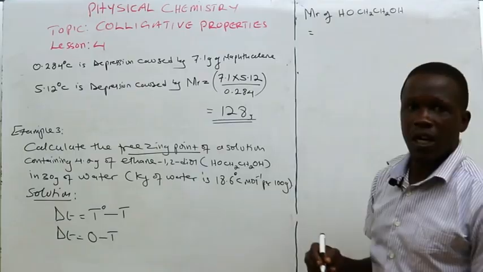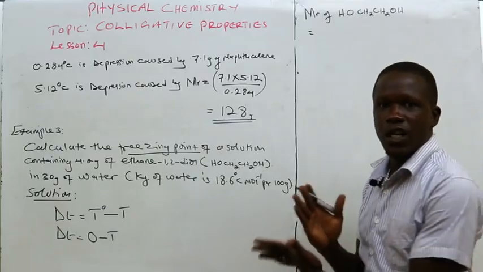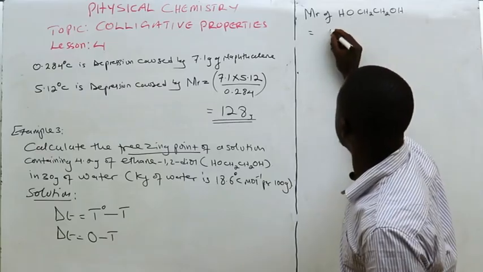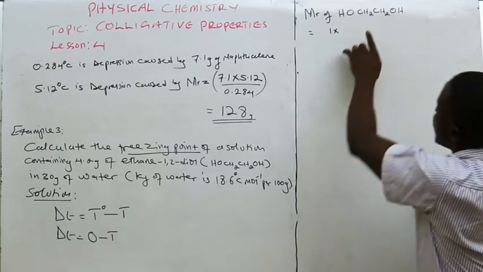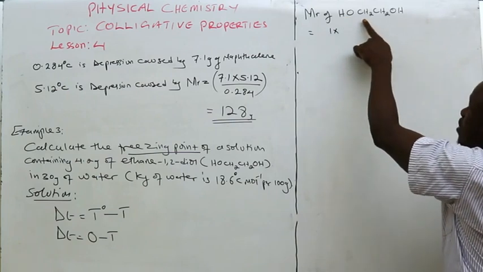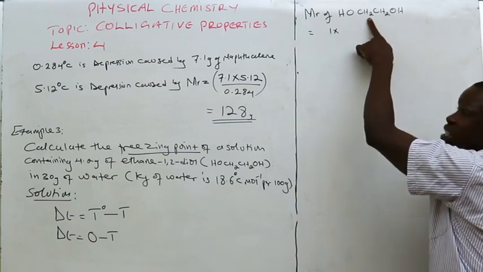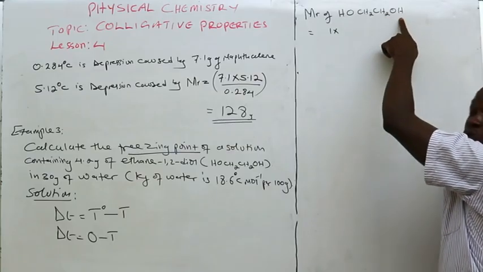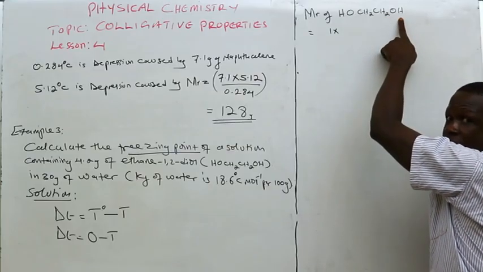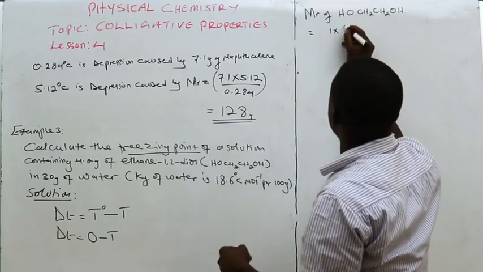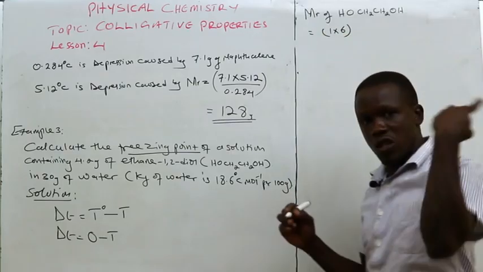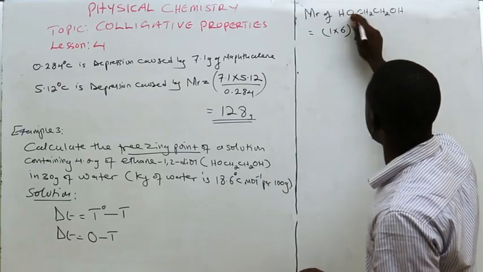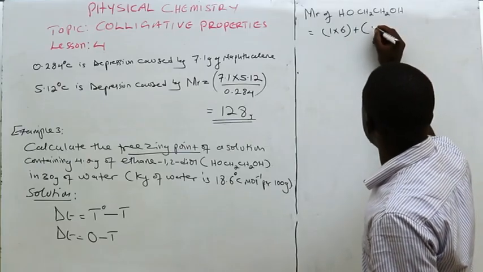Molecular mass here will be calculated by adding up the atomic masses. Hydrogen is 1. How many are they? This is 1 plus 2, those are 3, plus 2, those are 5, plus 1, those are 6. So the atomic mass of each is 1 times 6 of them, plus oxygen, it is 16.